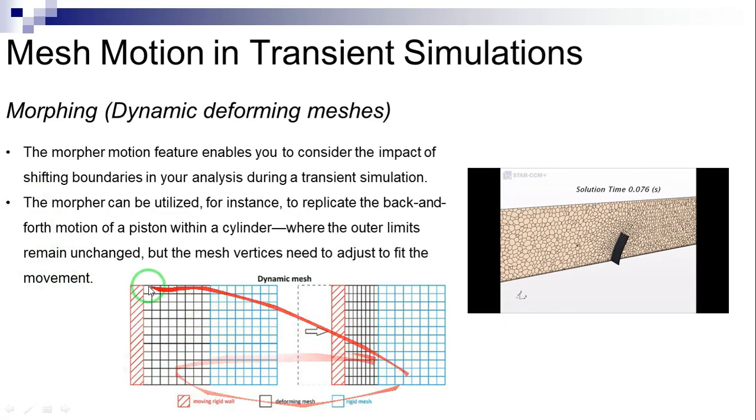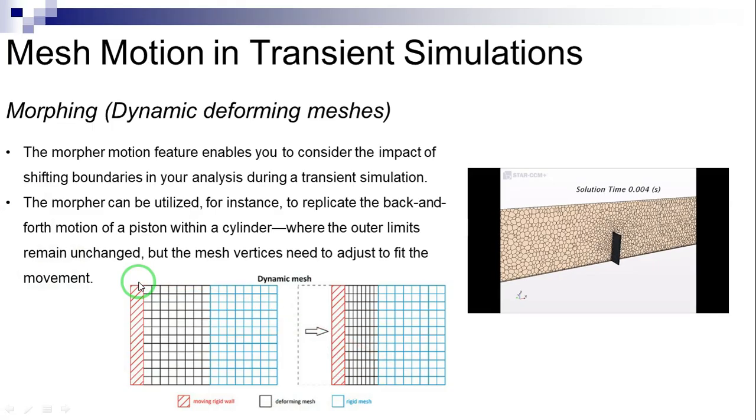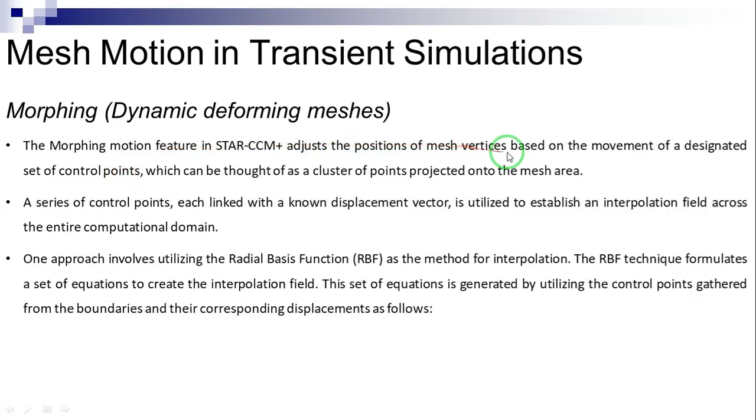The morphing motion feature in STAR-CCM+ adjusts the positions of mesh vertices based on the movement of a designated set of control points, which can be thought of as a cluster of points projected onto the mesh area. The control points and their corresponding displacements create the essential structure that the morpher needs to produce an interpolation field.